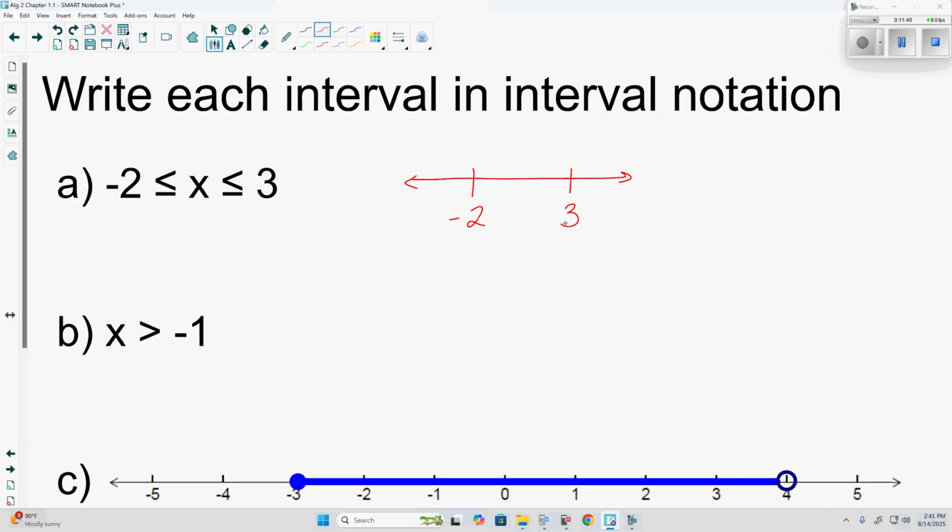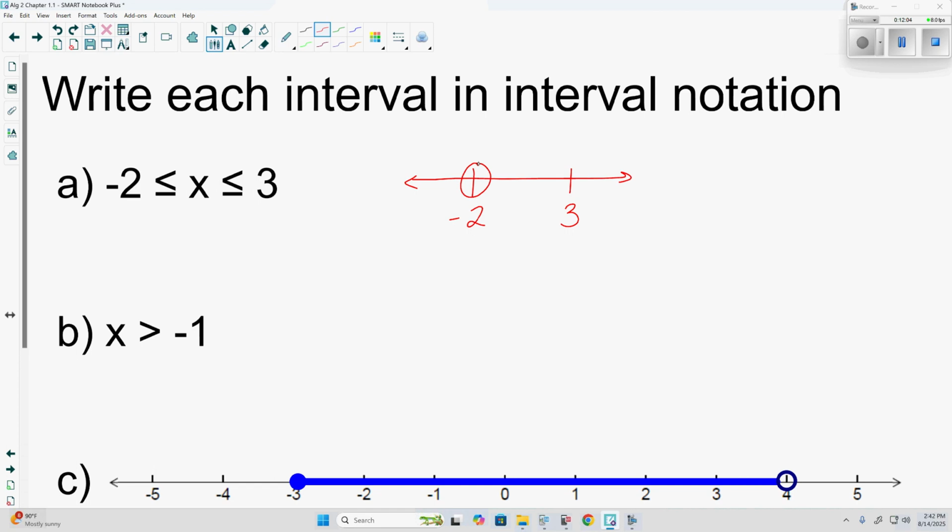We need to make sure that the smaller numbers are indeed on the left, the bigger numbers are on the right. Okay? We have it set up that way. Now, -2, we do have a circle at -2. Now, the question was, will it be opened or closed? Is it included or is it not? So let's look at it.